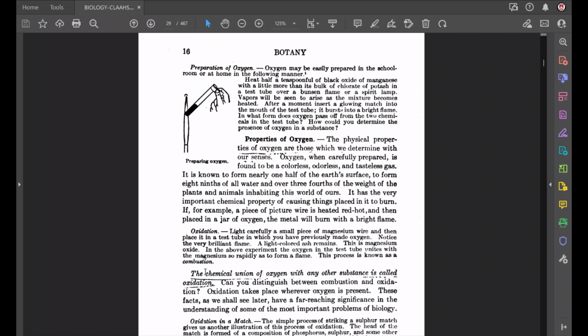Okay? You could collect that oxygen, but by sticking the glowing match into the test tube, as the vapors come off, it ignites because that vapor is oxygen and it's flammable. And when the warm match is put into the test tube, it bursts into flame.